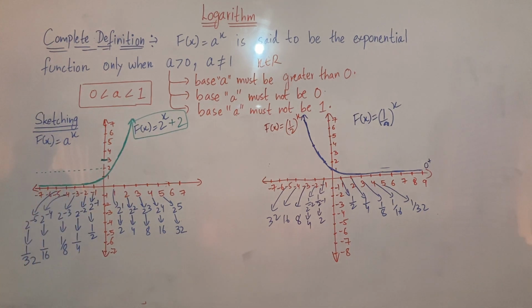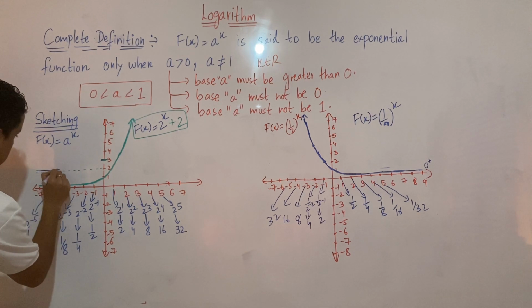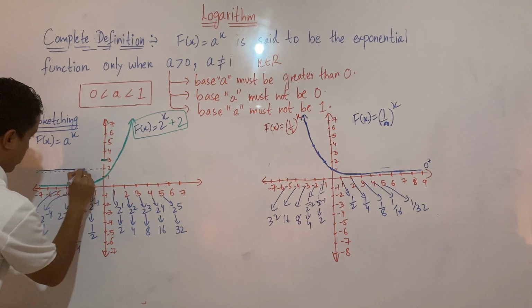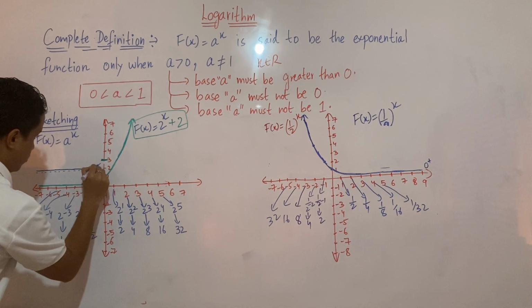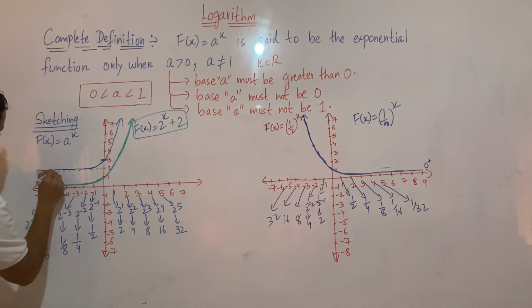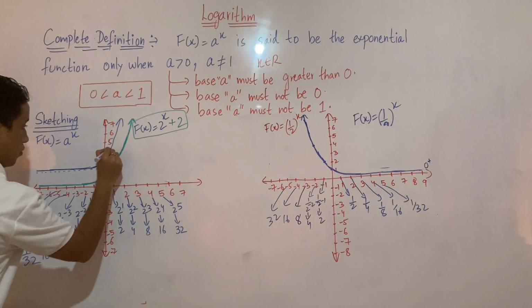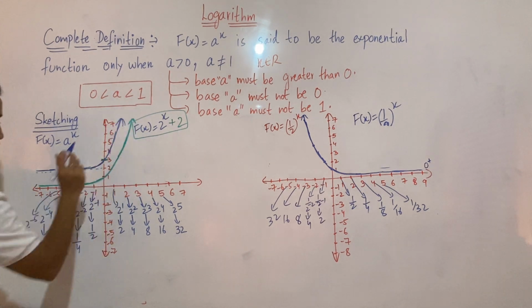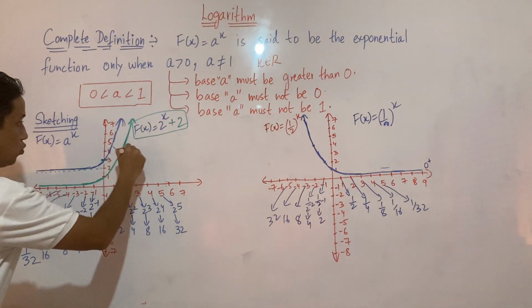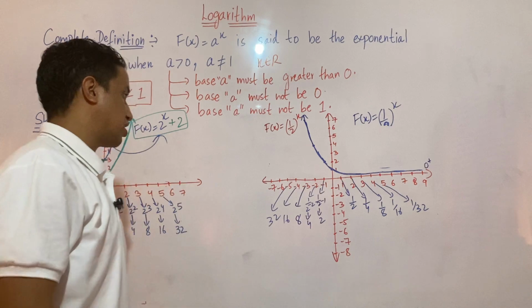This is going to be your horizontal asymptote, and then it will follow this way. So this blue curve is the graph of 2 raised to the exponent x plus 2.